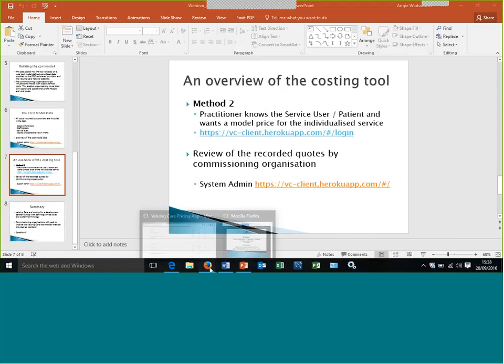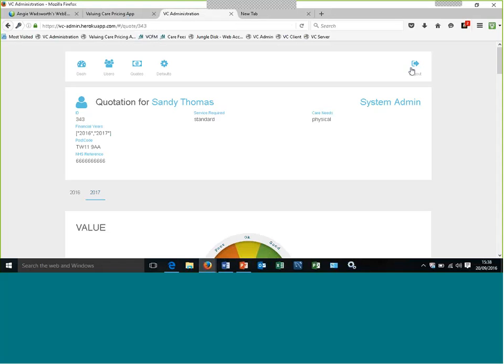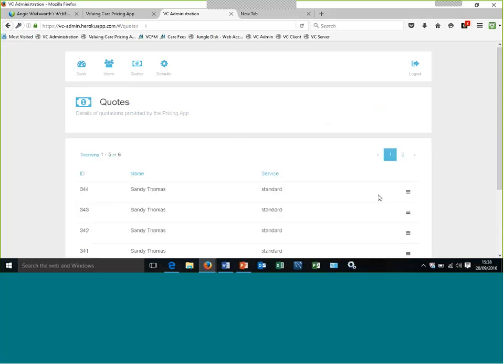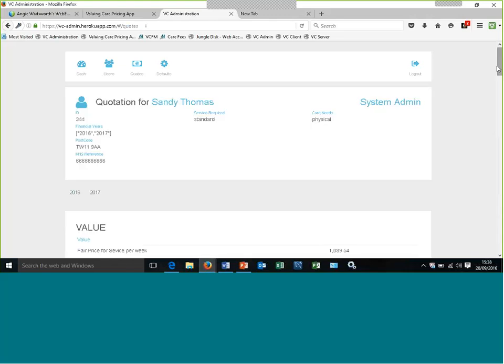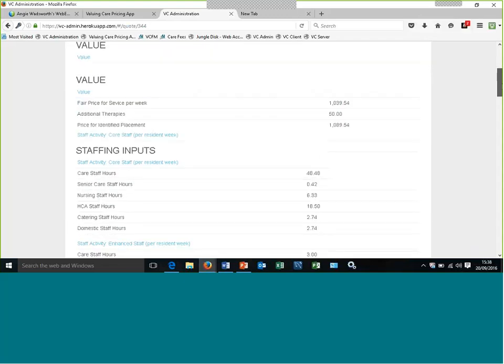And again, if I take us back into the administration side and just refresh that for a moment, I should just ask it to give me the quotes again. Then the last service I put in there, which is for Sandy, again, you've got no dial at the top, and that's why I know it's a model price. It tells me what I should be expecting to pay.